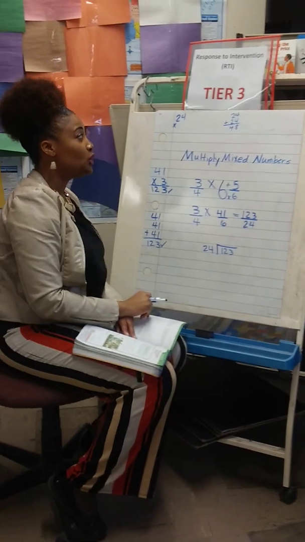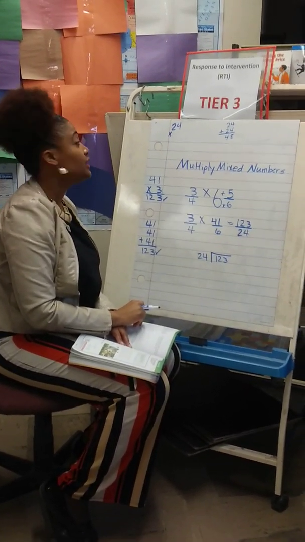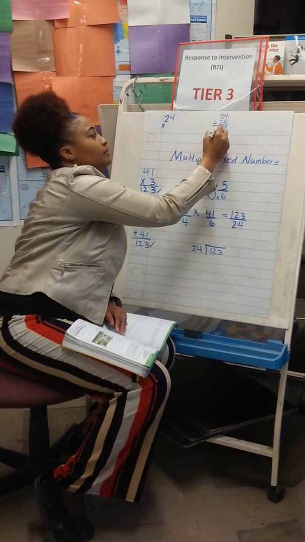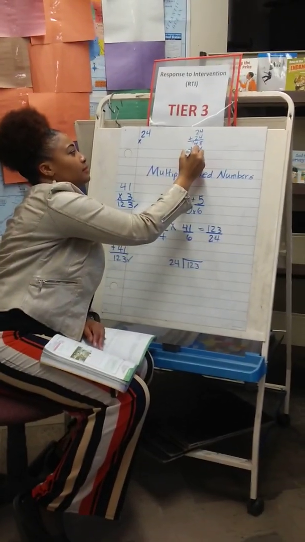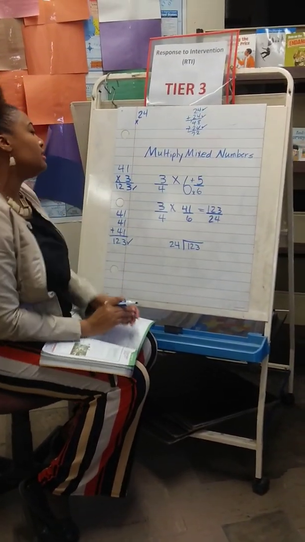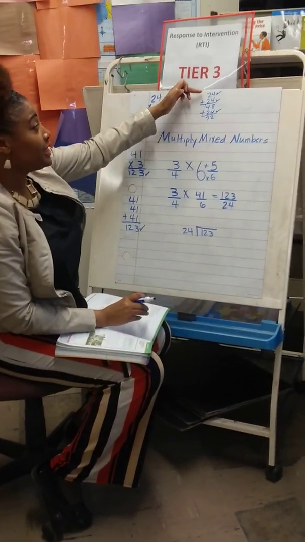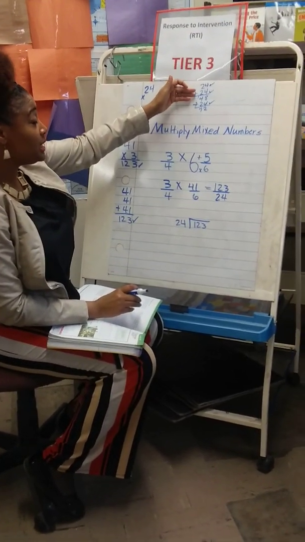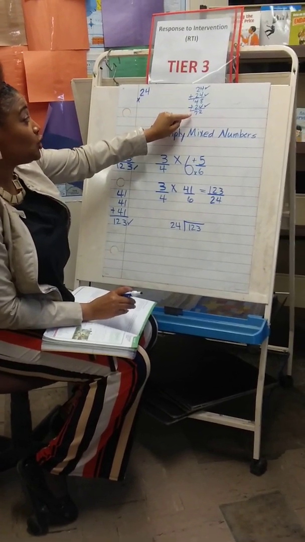All right, 24 plus 24 is 48. I always like to keep up with my 24s, because that's the divisor. I can say 24 plus 24 plus 24 is 72.